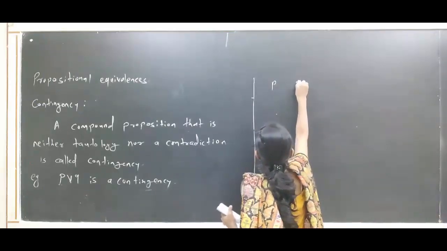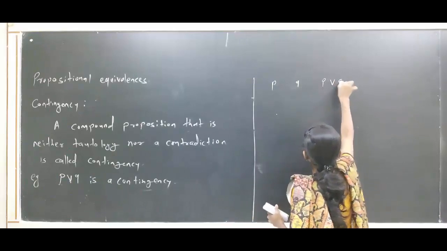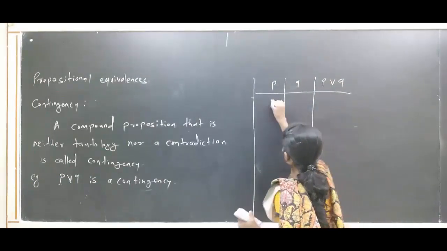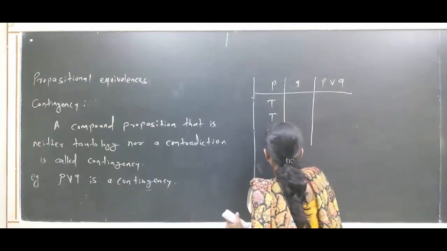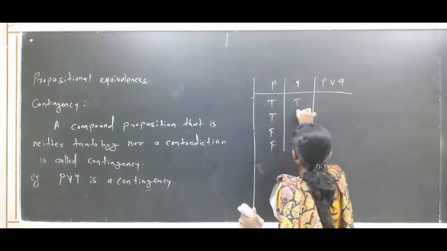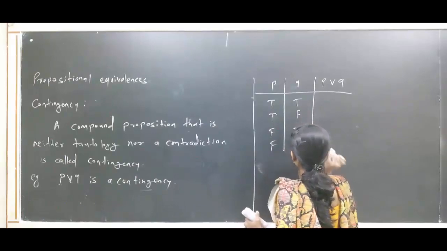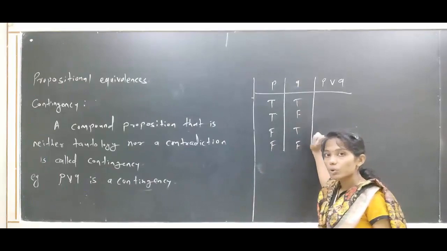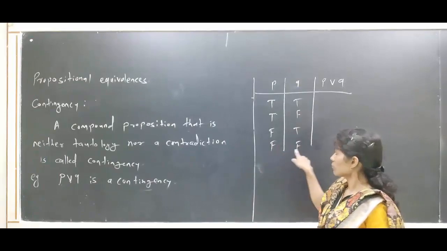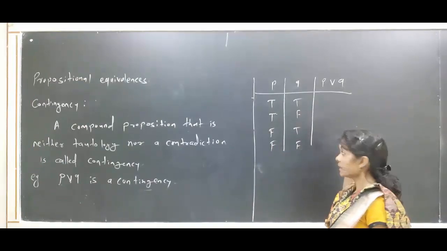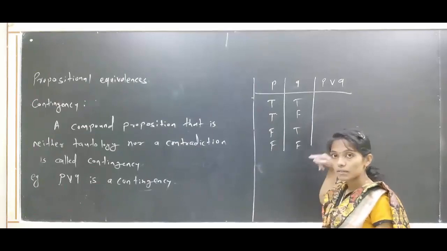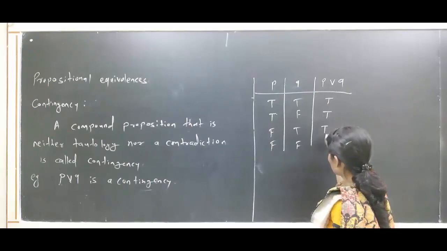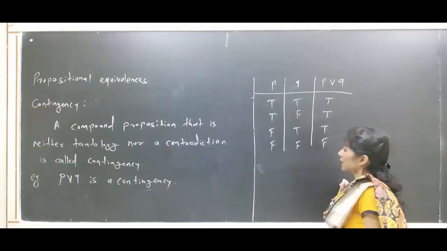P, Q, P or Q. True, true, false, false. True, false, true, false. In disjunction, when both the values of the propositions are false, then its disjunction is false. Otherwise, all are true. So here we get T, T, T, F.